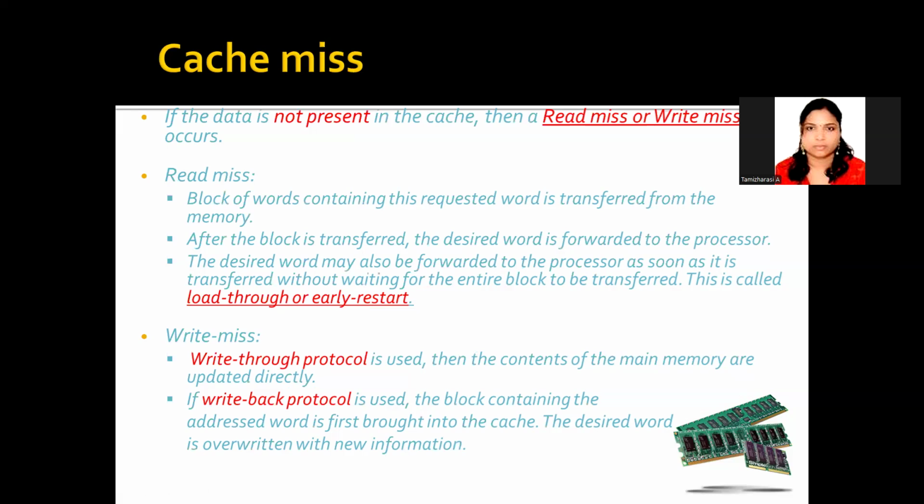Instead of waiting for the entire block, that particular desired word alone can be moved to the processor. This approach is the load through protocol. When it comes to a write miss, we can use either a write through protocol or a write back protocol. So this is about cache memories.